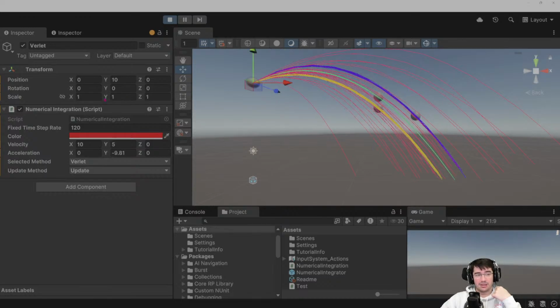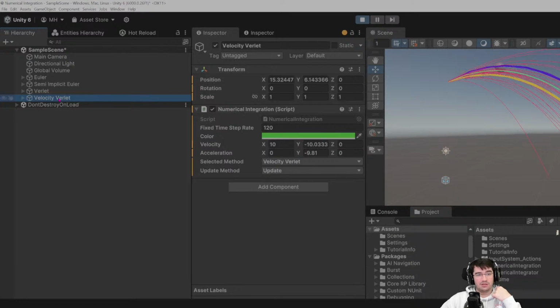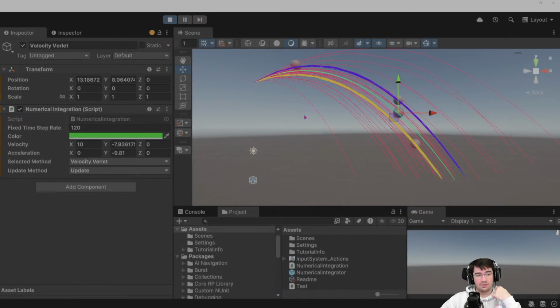And the last one is the velocity verlet. So it's the same principle as the red one, but instead of recomputing the velocity every frame, I'm keeping track of it as a state. And I'm also using half of the acceleration from previous step and current step to update my velocity.